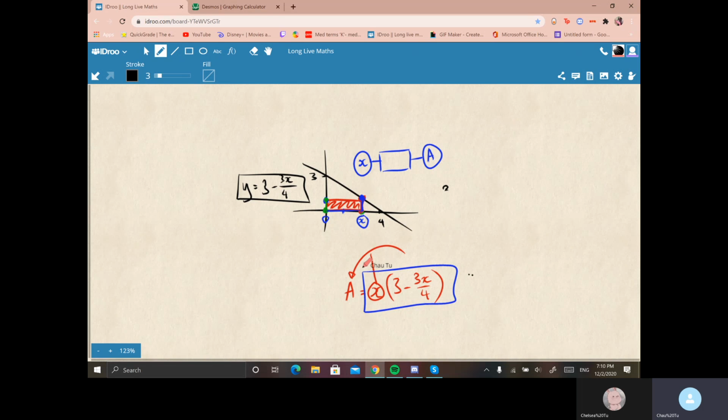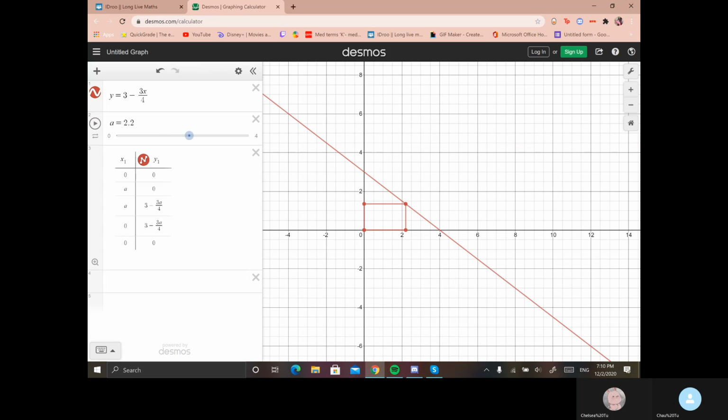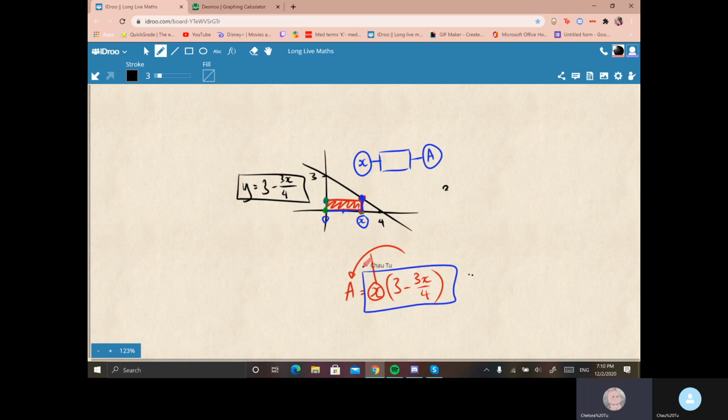So jump back to Desmos. When A is 2.2 or wherever A may be, what's the area? How do I obtain the area from Desmos? So basically, 2.2 would be the x right here.